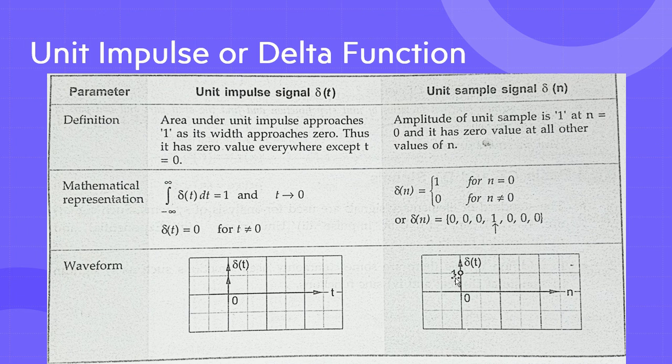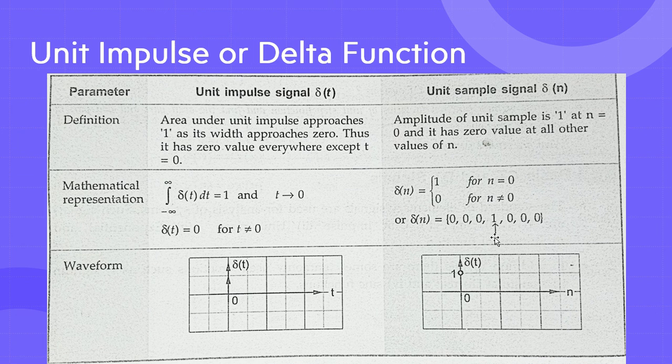When n is equal to 0, your signal has amplitude 1, and except for this one value, everywhere else it has value 0, which you can see from its mathematical expression as well. For the unit sample signal, δ[n] = 1 for n = 0, and δ[n] = 0 for n not equal to 0. You can represent it in sequential form like this.